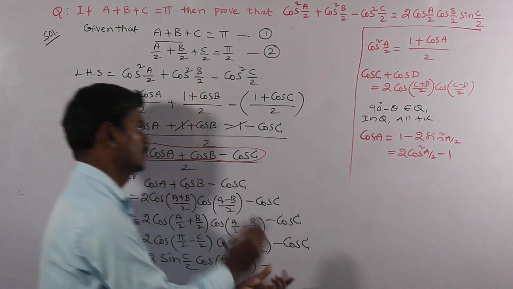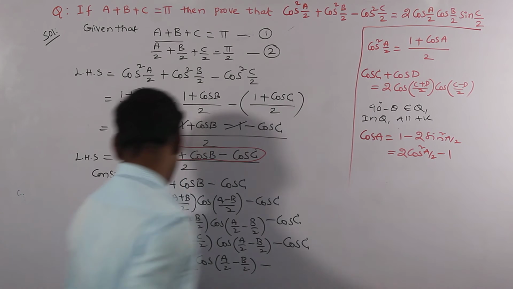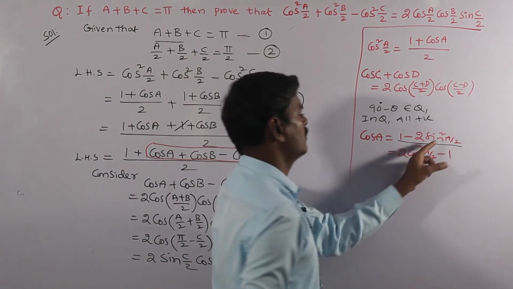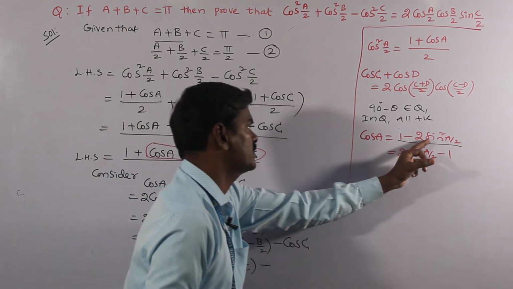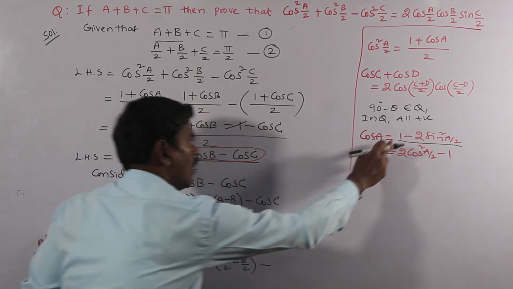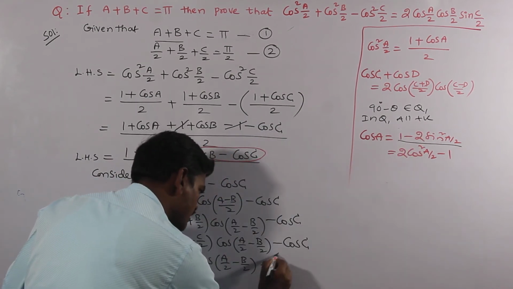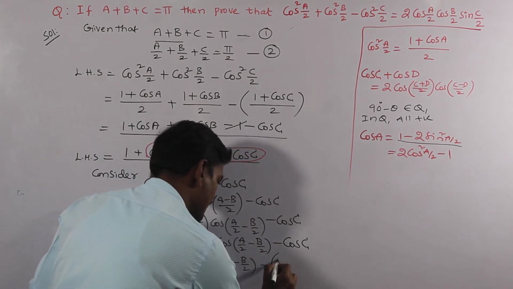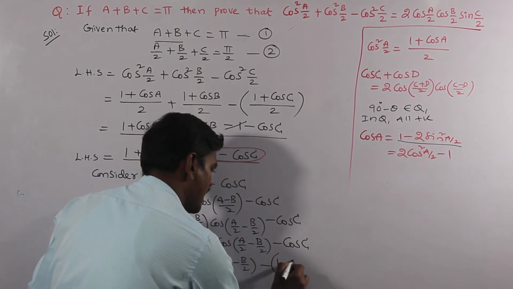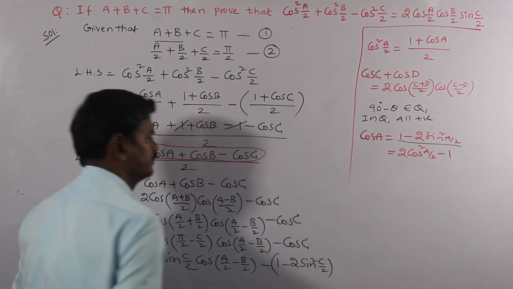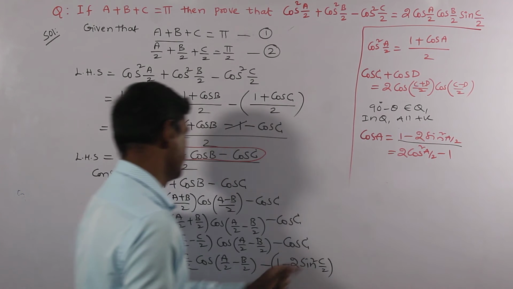Now cos C. When I saw sin C by 2 here, I wanted to select the formula in terms of sin, that is 1 minus 2 sin square A by 2. The minus should be applicable for both terms, so keep a bracket, don't forget it, and in the bracket write the cos C formula, 1 minus 2 sin square C by 2. Here A must be replaced with C.